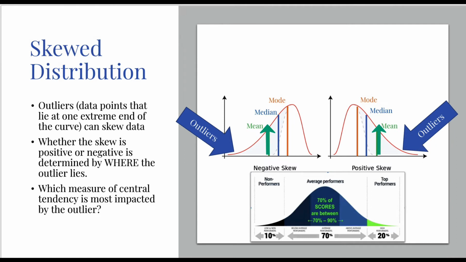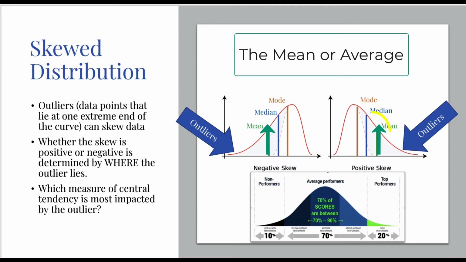I'm hoping that you see it's the mean. The mean, or the average of a data set, is actually the most unreliable measure of central tendency. Why? Because it's the number most impacted by the outliers, right? Those people who score way off the charts or way under what they should have really impact that data set.